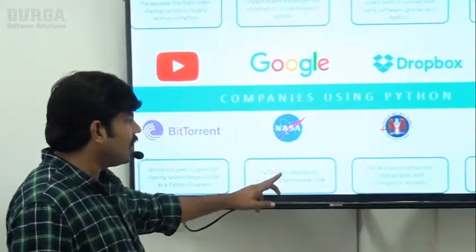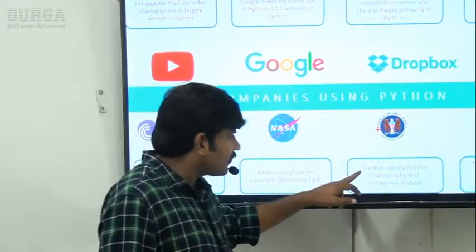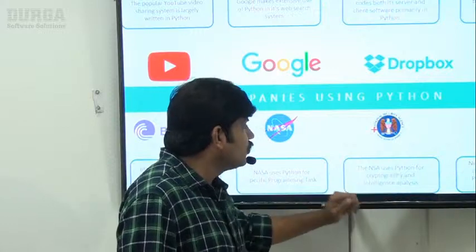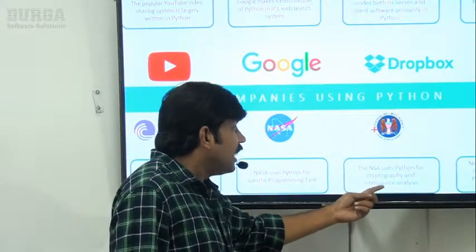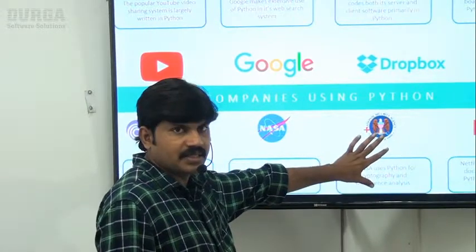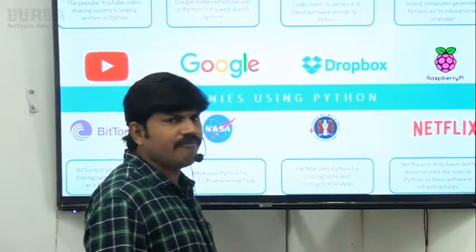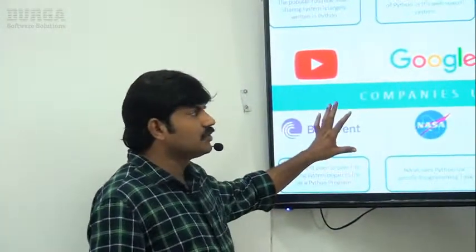Remember, NASA uses Python for specific programming tasks. The NSA, the National Security Agency, uses Python for cryptography and intelligence analysis. Netflix and Yelp, so every company itself is using Python.